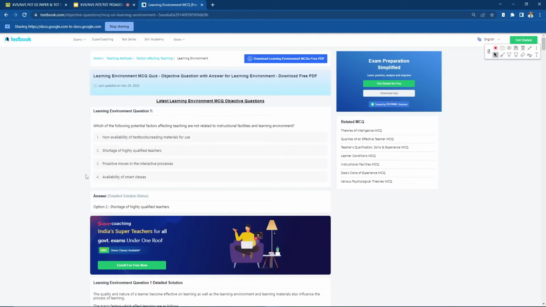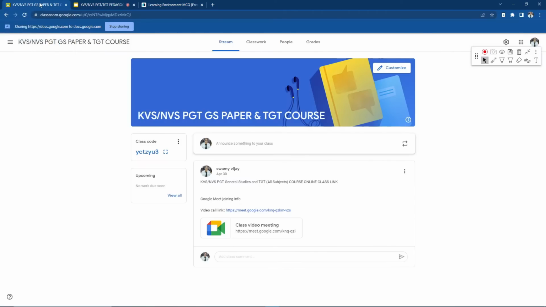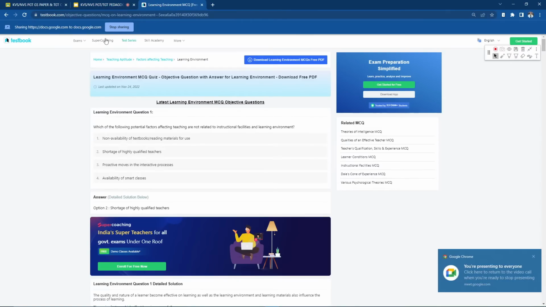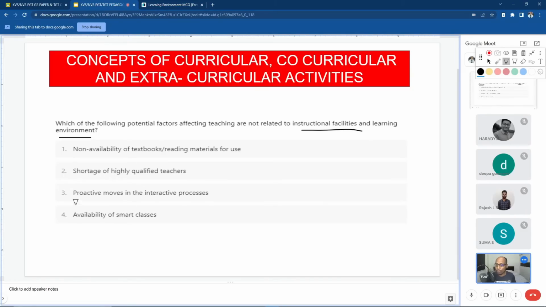Right. So I am also checking the answer options so that we will not waste much time here. The first question: which of the following potential factors affecting teaching are not related to instructional facilities and learning environment? The answer is shortage of highly qualified teachers.